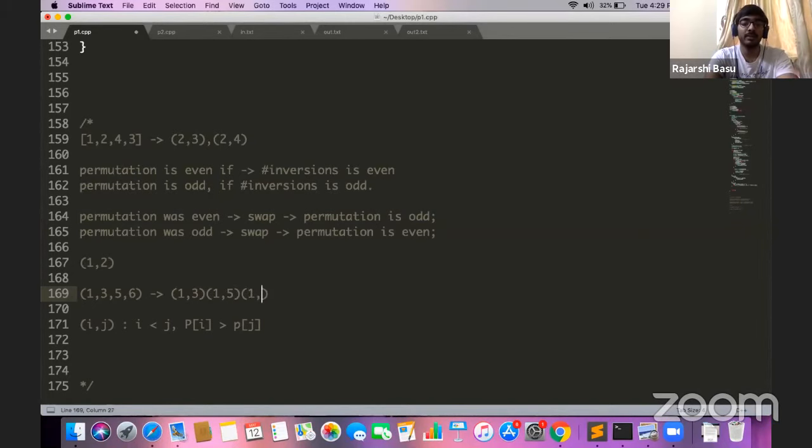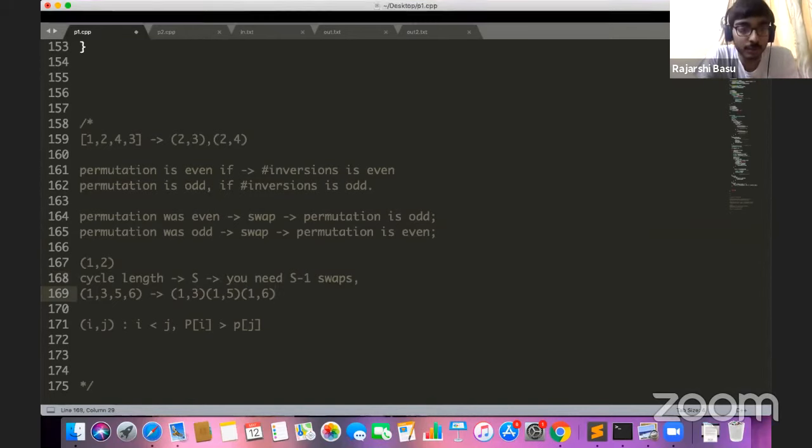If the cycle length is s, then you need s minus 1 swaps to move around everything according to the cycle and, what should we call it, destroy the cycle. Everything gets back to its own original place, as in the identity permutation.